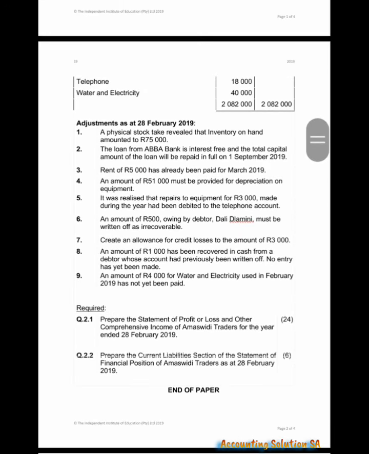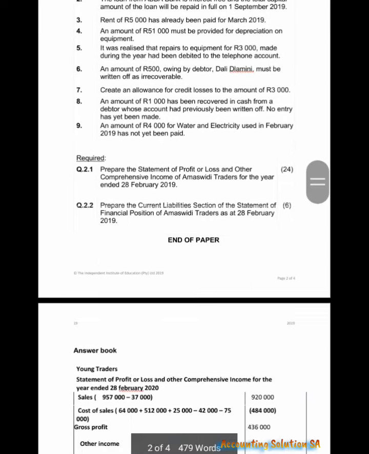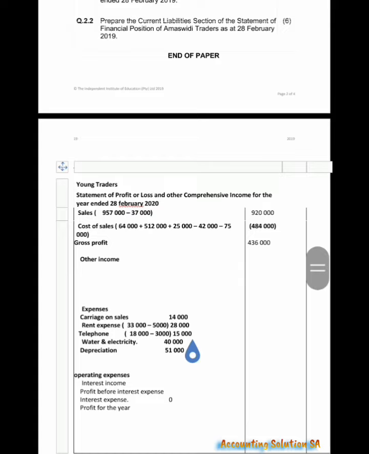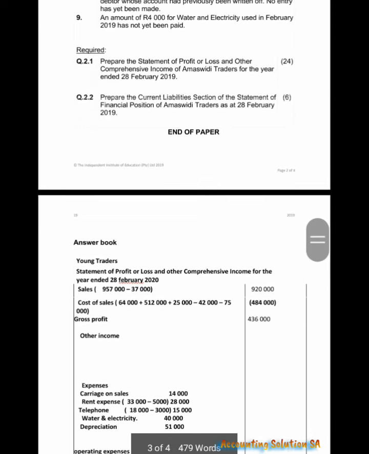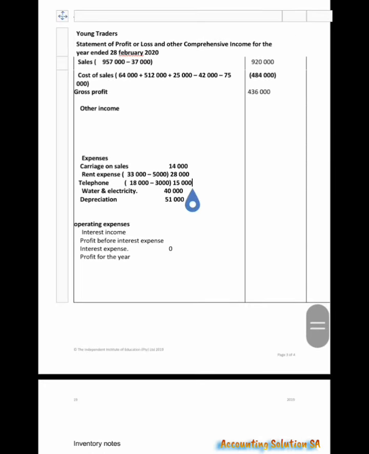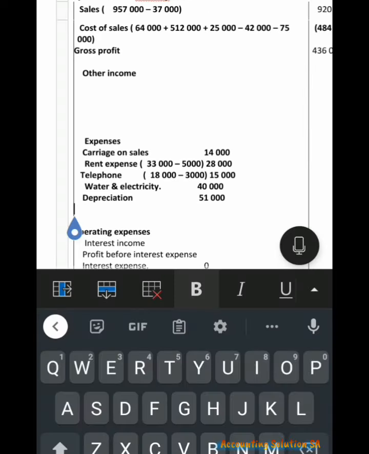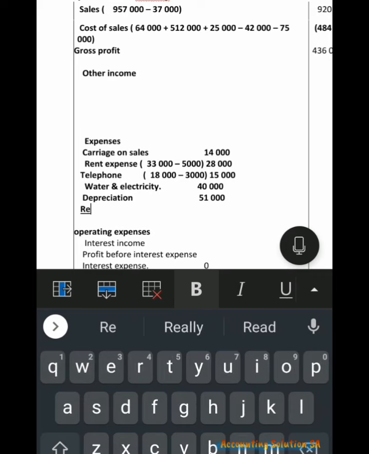Okay, they say the amount belongs to repairs of equipment, which means that we have to record the amount of 3,000 into repairs account. If you check from the account that we have under expense, we don't have repairs, which means that we have to create one. Repairs.